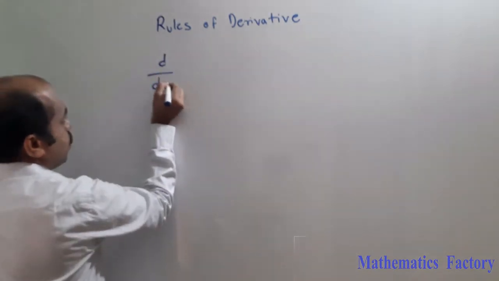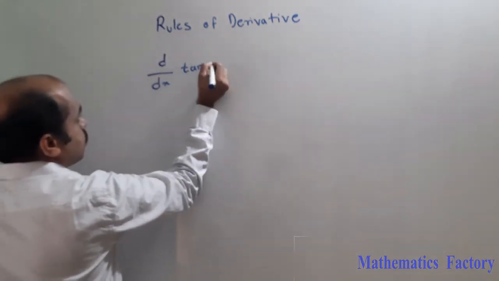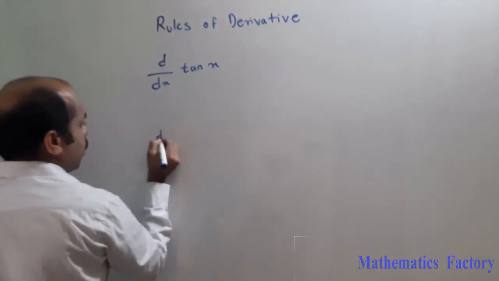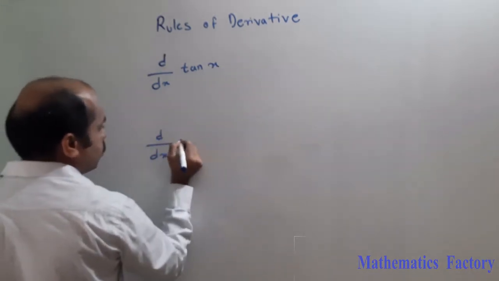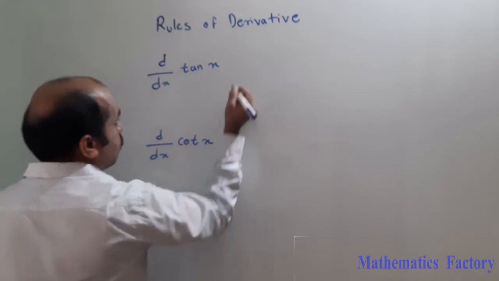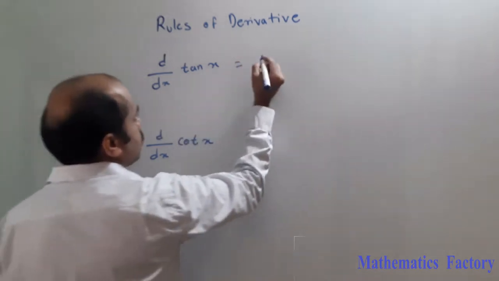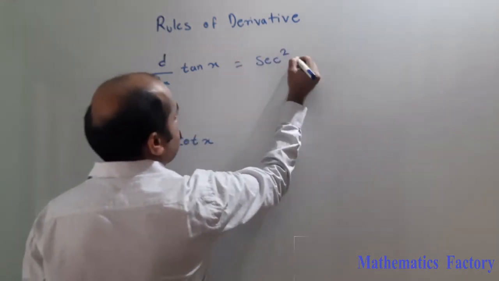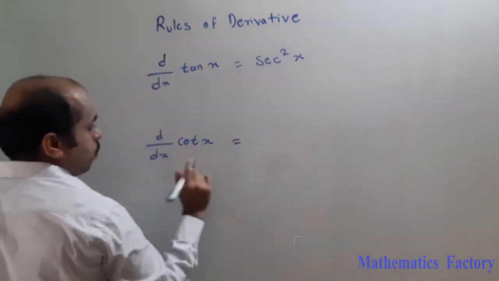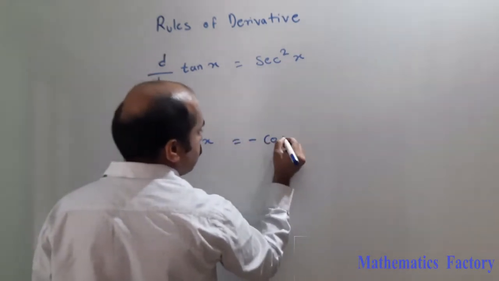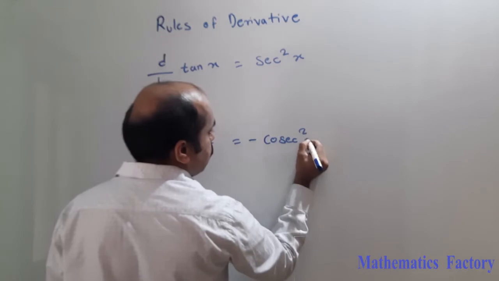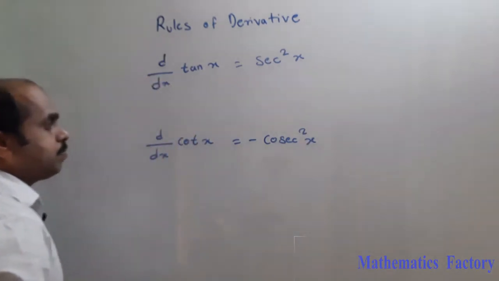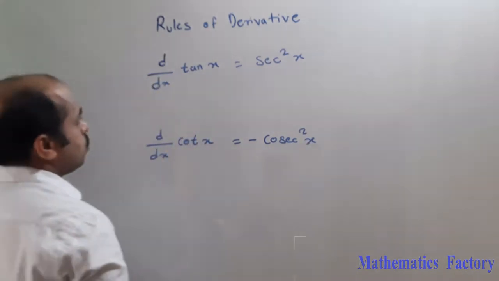Derivative of tan x and derivative of cot x. So what is the formula? Derivative of tan x is sec x and derivative of cot x is minus cosec x. Okay. Now moving to the next rule.